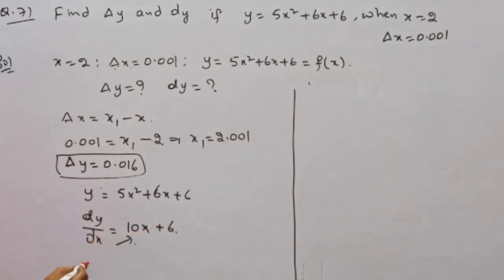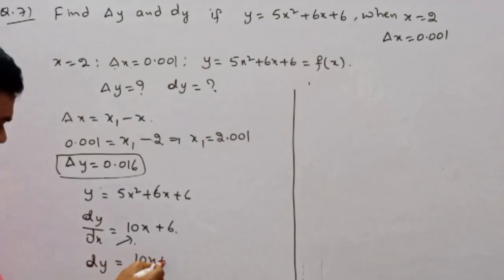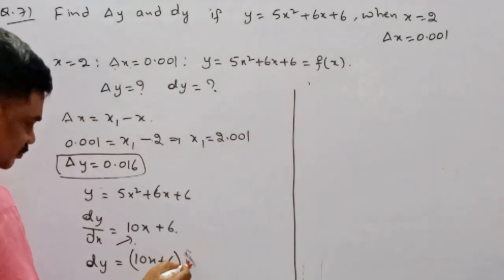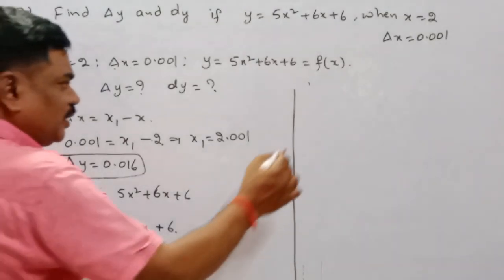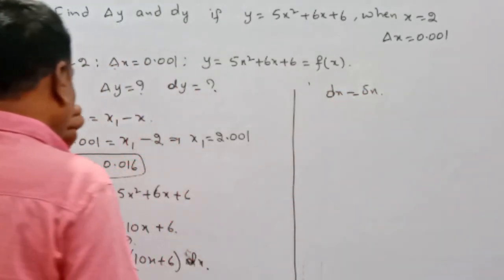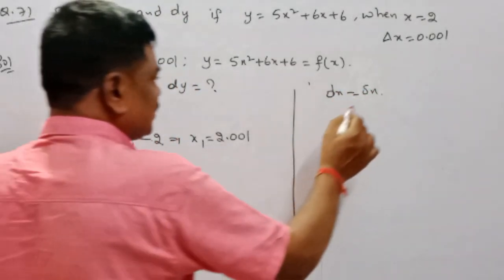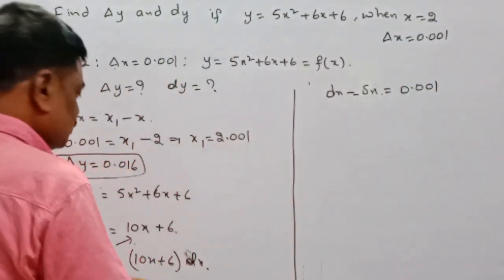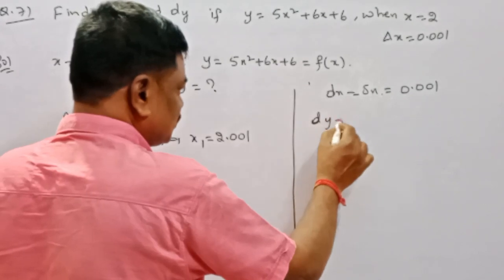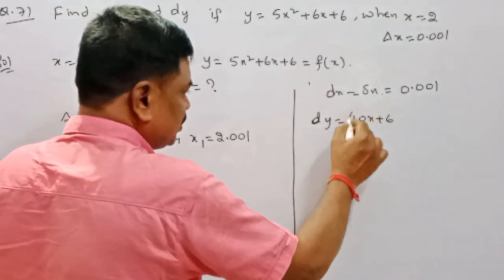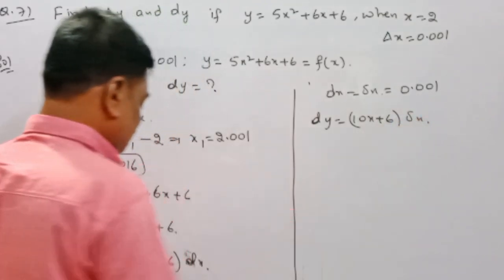By cross multiplication, dy is equal to (10x plus 6) into dx. But dx is nothing but delta x, and delta x is given 0.001. So dy is equal to (10x plus 6) into delta x.